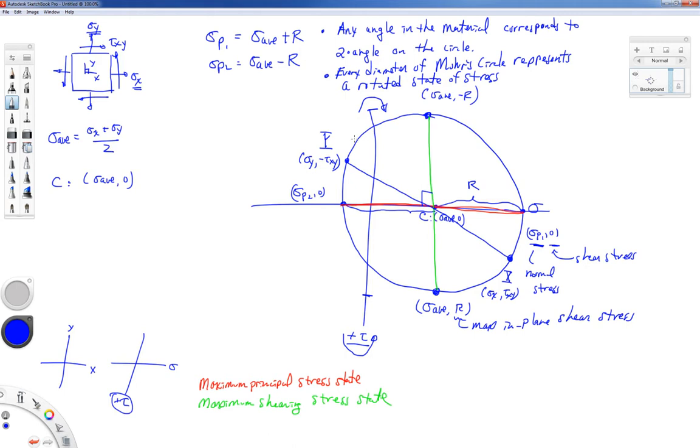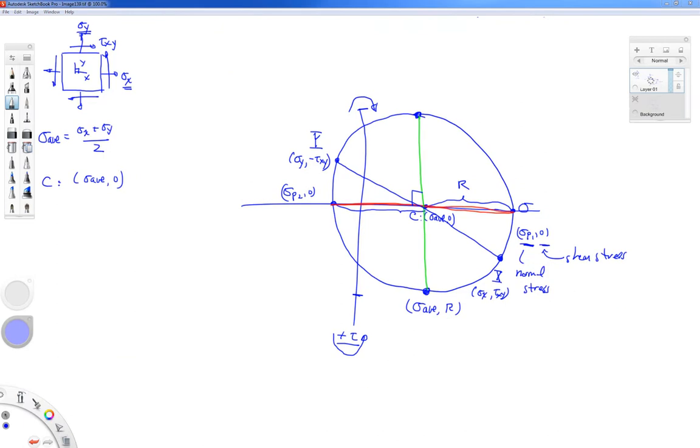Let me show you something here, how we can find the value of the radius of the circle, but I need to clean this page up just a little bit. All right, so here's my circle. Now, I like to start off with Mohr Circle talking about the maximum principal, maximum shearing stress state, since we have just talked about that, but you don't necessarily know what those numbers are until you start at the beginning.